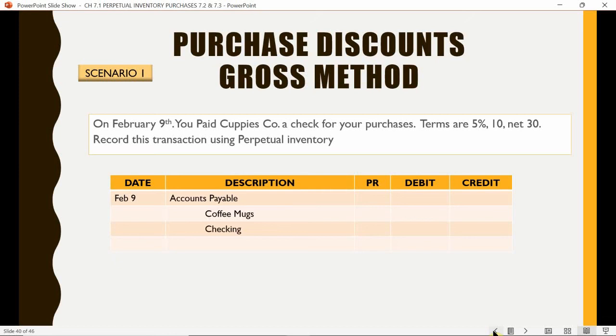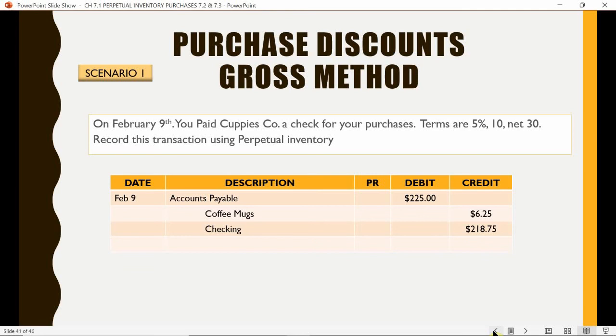We're going to recognize that we owe Cuppies Co. $225. But because I'm meeting the terms, I'm not going to pay Cuppies Co. for all of the inventory. I'm going to take advantage of that discount and pay them less. So I calculate how much the discount is.